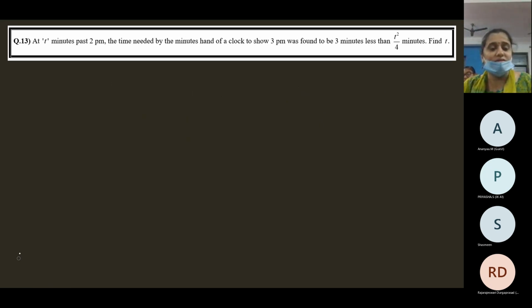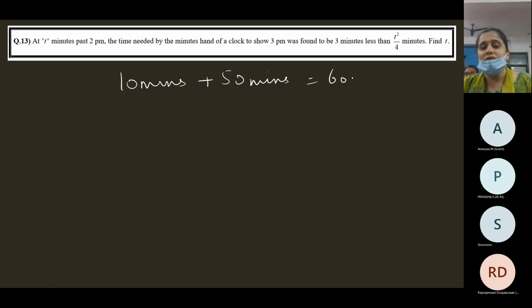Very simple: 10 minutes plus the remaining 50 minutes will always be 60 minutes, because it's 10 minutes past 2 and it's 50 minutes to 3. So 10 plus 50 is 60.